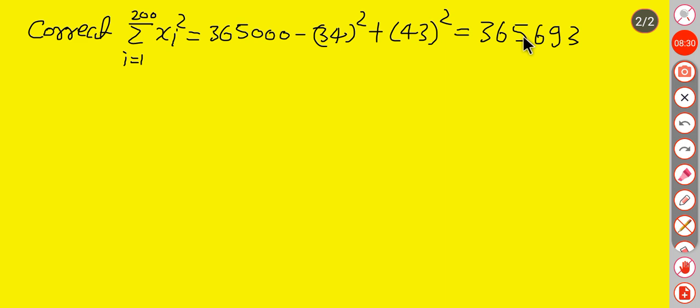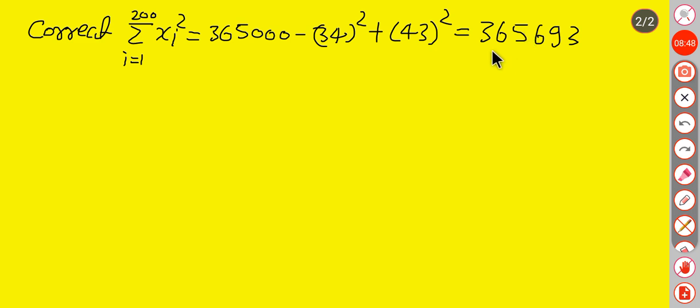It has increased because instead of 43 it was read as 34. So both the sum of observations and the sum of squares of observations will increase.